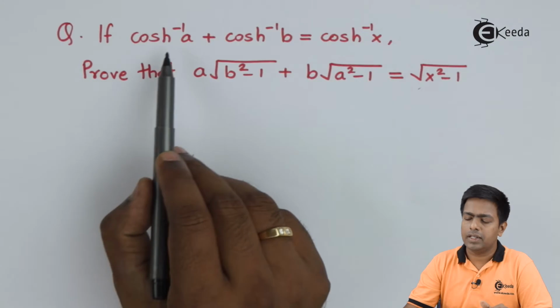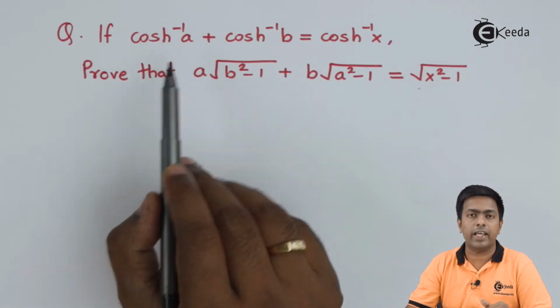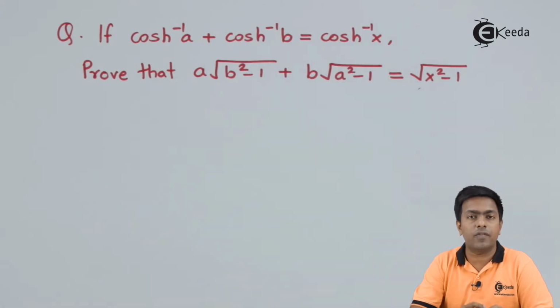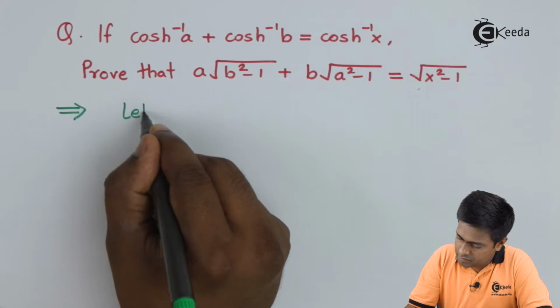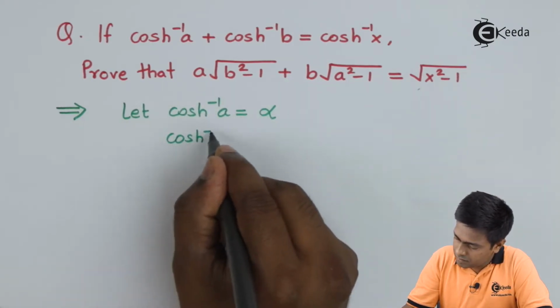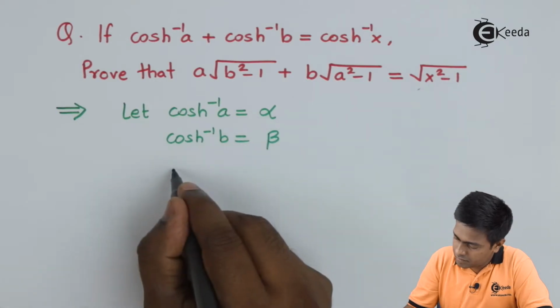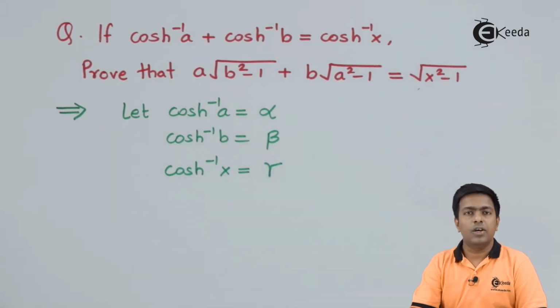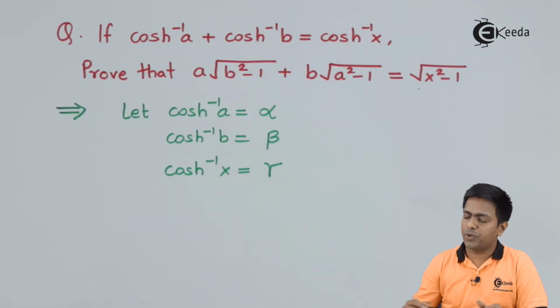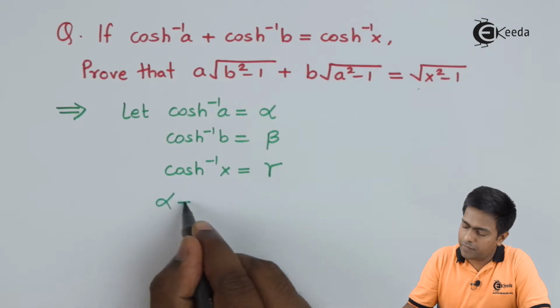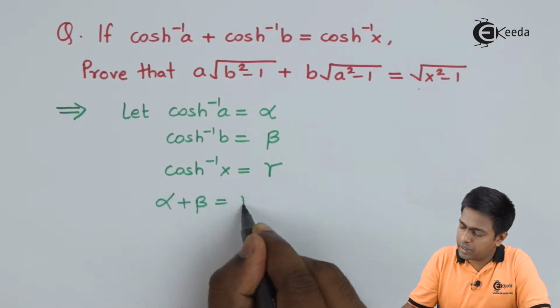So I'll assume the value of hyperbolic cos inverse of A as alpha, this as beta, and hyperbolic cos inverse of X as gamma. Now if I substitute these three values in the given result, we'll get alpha plus beta equal to gamma.